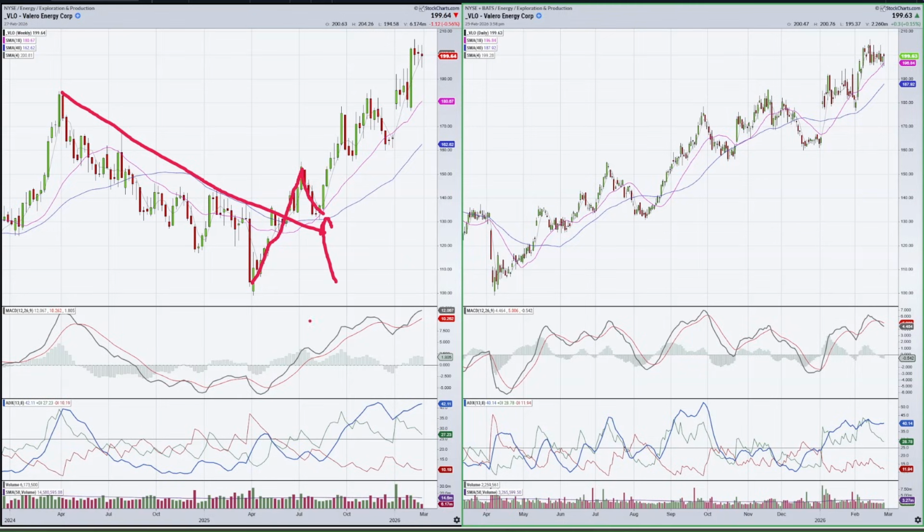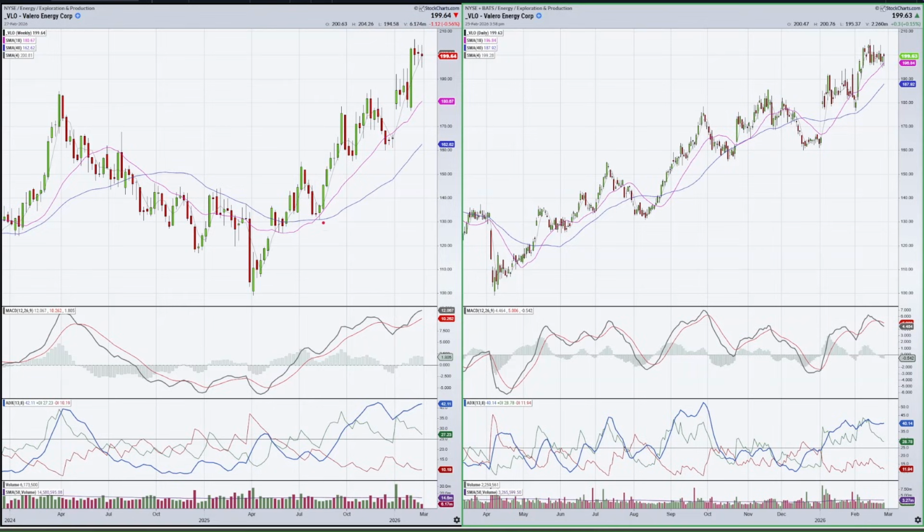Now, the second key to this setup is we have to hold the signal line. All right. Now, I'm going to show you how we're going to identify the way to play this. But this is an important key. If we come back and break that signal line, then this is no longer the trade setup that I'm talking about. All right.